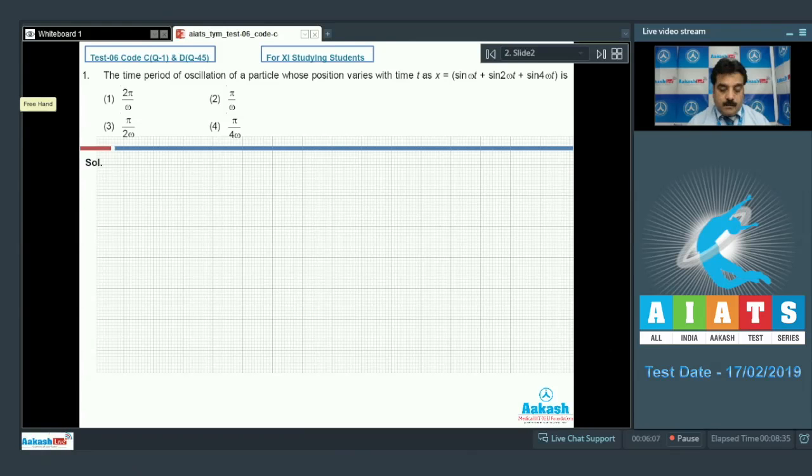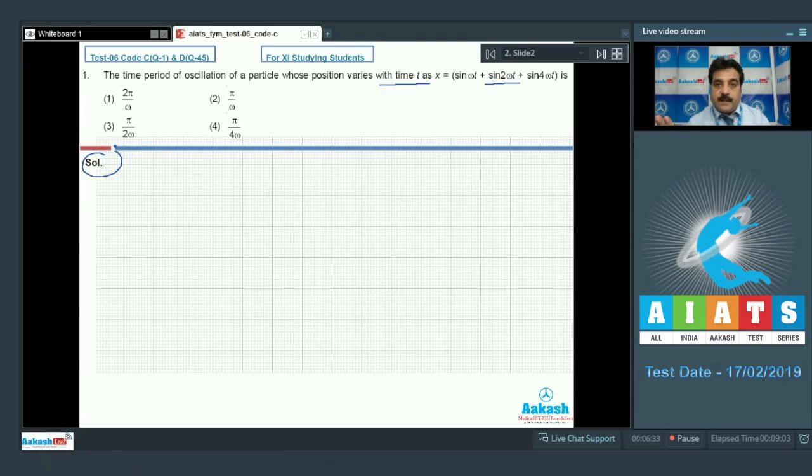In the question number 1, the time period of oscillation of a particle whose position varies with time x equal sin omega t, sin 2 omega t, sin 4 times of omega t is. So in this type of question, we can solve very quickly because you know the least time interval after which particle repeats its motion is called time period.